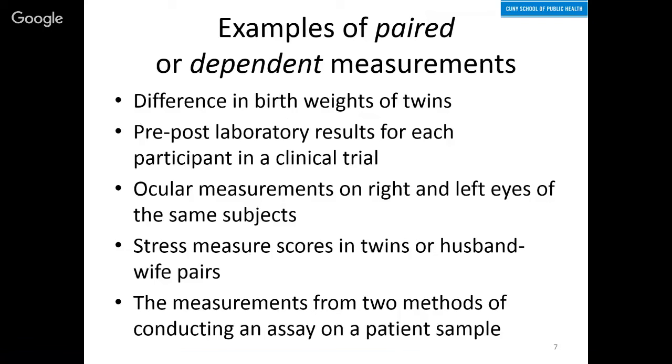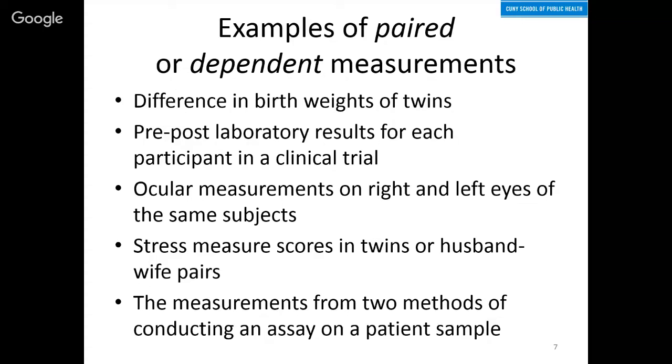Lots of ways that measurements could be paired. So yes, the twins example, this is clearly paired. Pre-post measurements before and after some treatment on the same individual. We did measurements on the left and right eyes of the same individual.